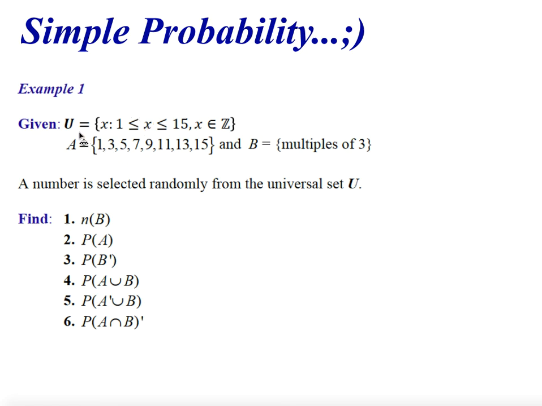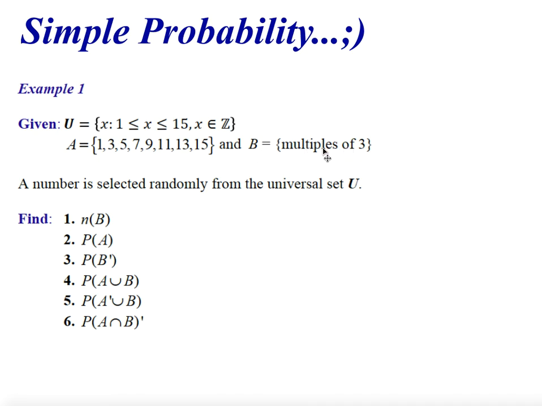So let's say we're given a universal set. It looks rather menacing in terms of the denotation. It would be the set whose members are x, such that x is between 1 and 15 inclusive, as long as x is an integer. And then we have subsets within this so-called universal set. Set A is 1, 3, 5, 7, you get the idea. And set B would be the multiples of 3.